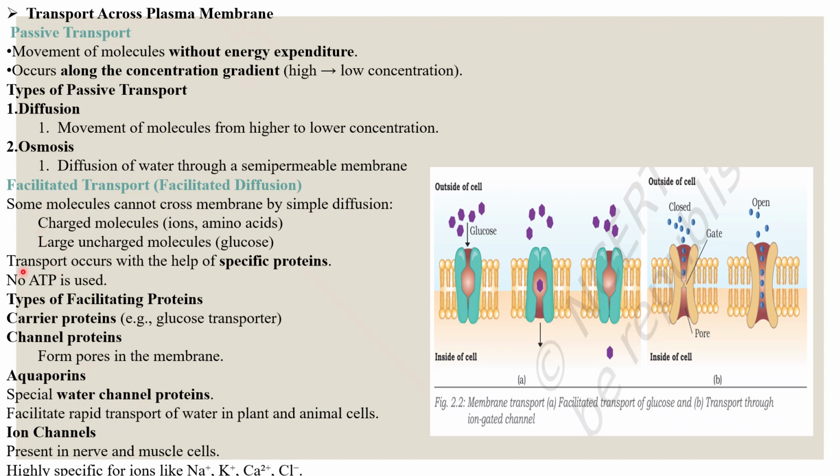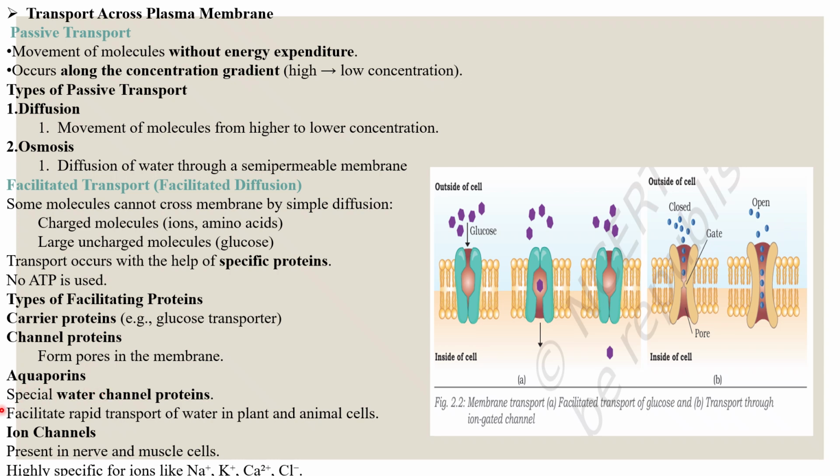So transport occurs with the help of specific proteins, and here no energy is used. In biology, the energy molecule which is used is ATP, adenosine triphosphate. So types of facilitating proteins are carrier proteins and channel proteins. Carrier proteins, for example, include the glucose transporter, and channel proteins actually form pores in the membrane.